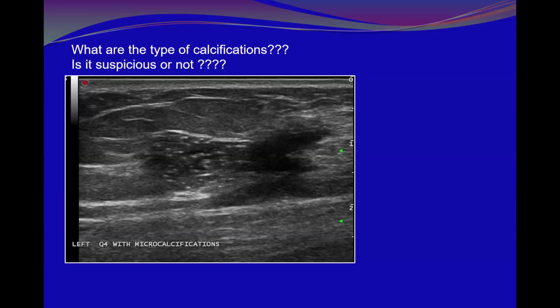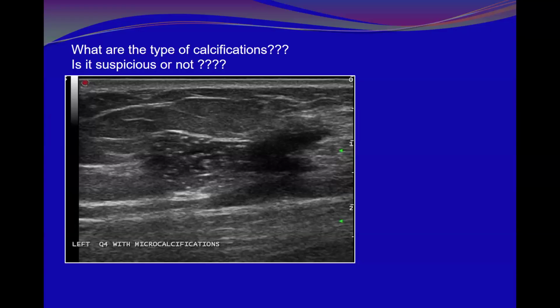Either we say calcification in a mass, calcification outside the mass, or intraductal calcification. Intraductal, yes, this is intraductal calcification. There is soft tissue inside the duct associated with calcification. So this is just intraductal calcification.